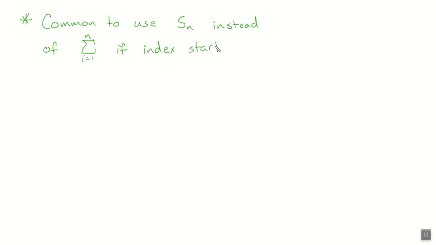Okay, really common to do this. So, when we look at this, once we write it down, we see, oh, yep, this is a summation that we're doing. It is really common to switch to this notation instead of writing this big ugly symbol over and over and over.